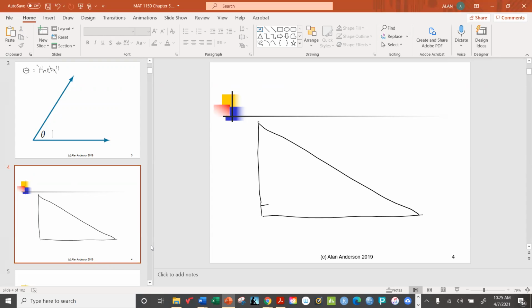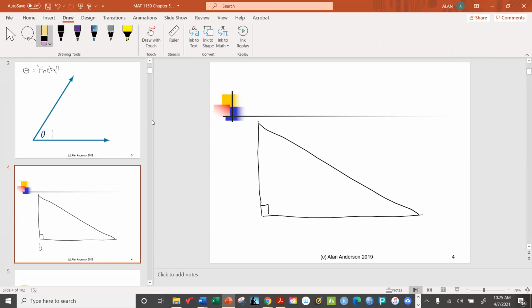Now, this is the symbol that we have used. You may have seen this before. This means that this is a right angle, which is 90 degrees. The sides of this triangle are perpendicular to each other. This is therefore referred to as a right triangle.